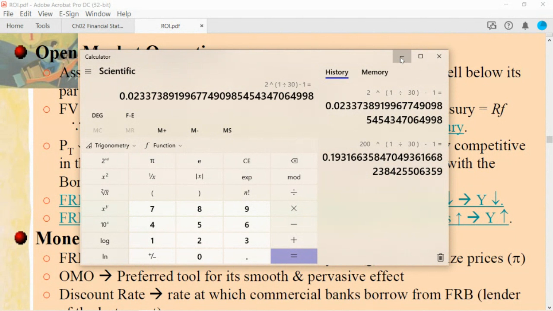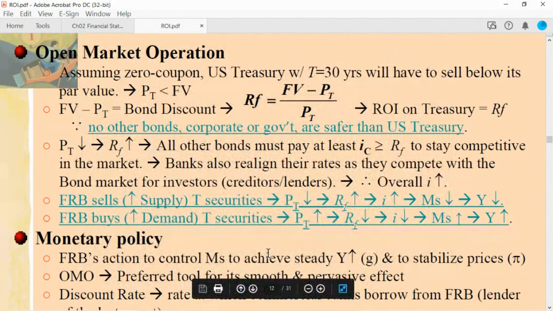So clearly, it's a lot better than CDs these days. These days, CDs don't even pay 1%. So a 30-year zero coupon treasury bond gives you a guaranteed 2.34% return a year, if you hold it until maturity.